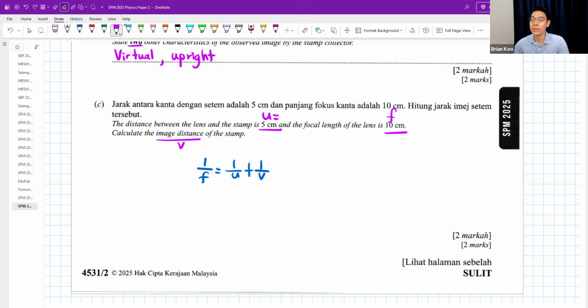Like the U is positive 5. Why? Because object distance is always positive, by the way. Object is always on the correct side, so object is always positive. Focal length depends on what kind of lens. If you use a convex lens, it is positive.